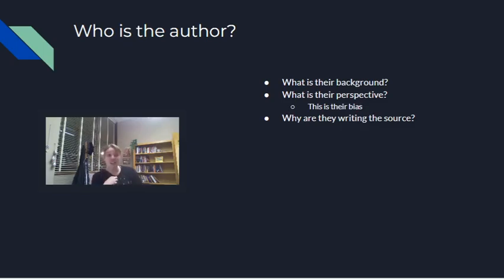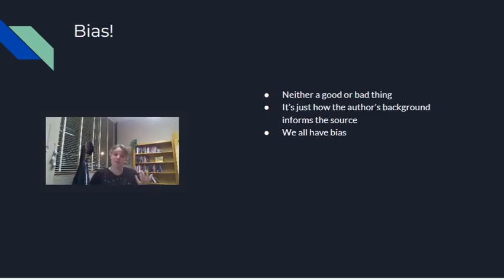This can be our education background. This can be where we live in the country. This can be where we've moved to. This can be our social economic background. This can be whether we have traveled or not. But all of this influences the source we look at. And these influences, these perspectives, become our biases.